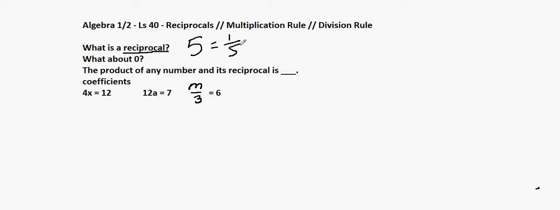See how we've inverted the fraction? Because what's the denominator for any whole number? 1. So any whole number has a reciprocal with a numerator 1 and itself for the denominator.